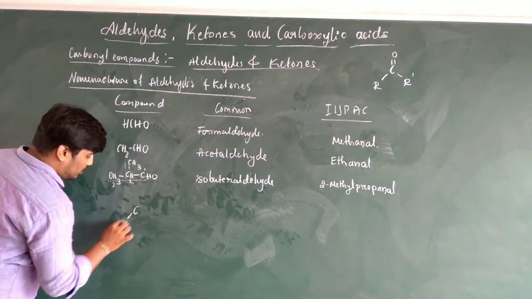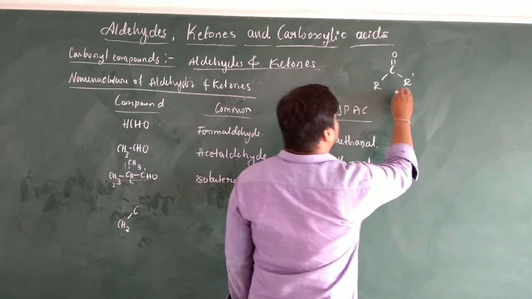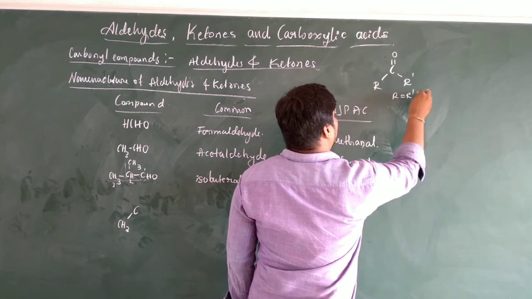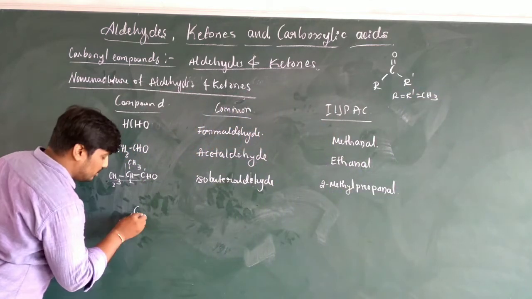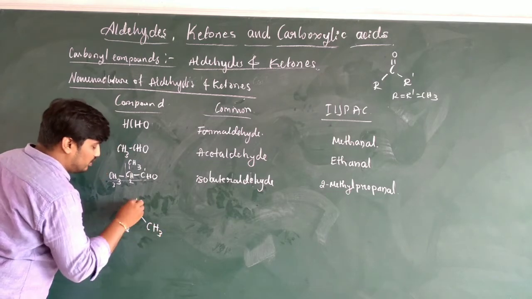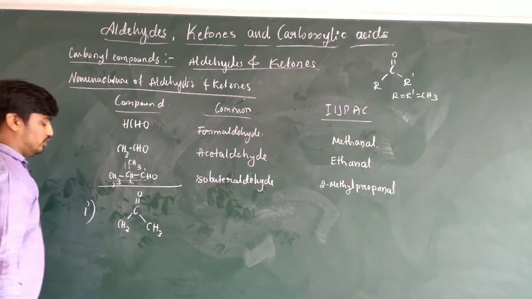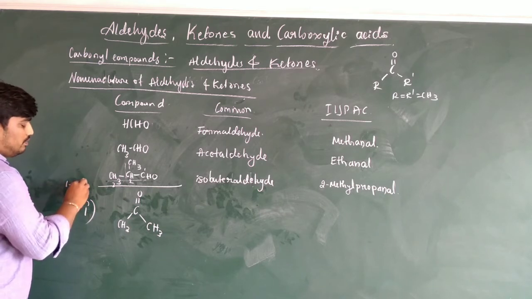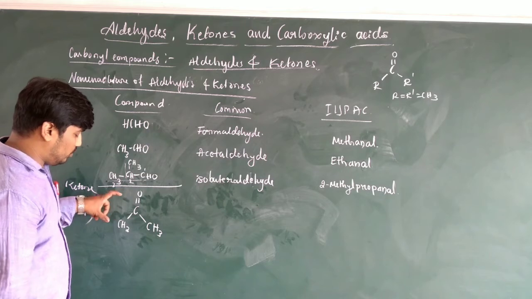Therefore, I consider CH3 if R and R dash both are the same, R equal to R dash, and it is CH3. It is CH3, CH3, CH3. This is the first member of ketone. Then what is the name of this ketone?